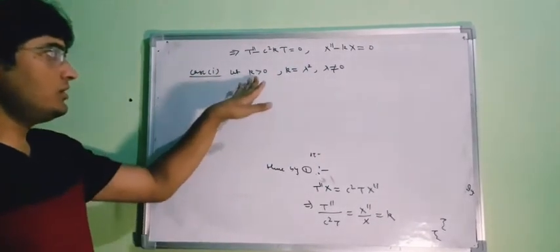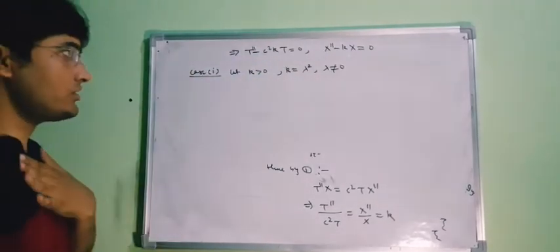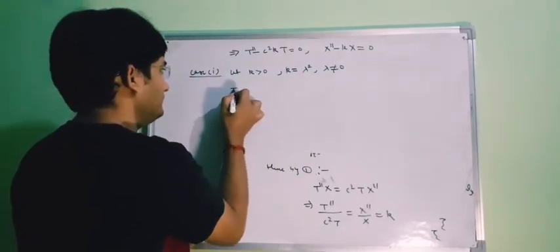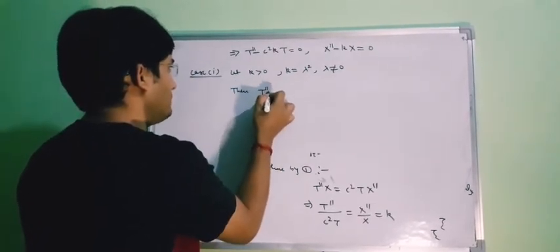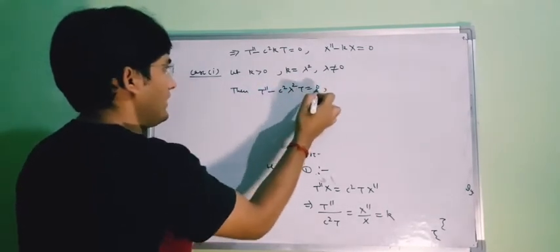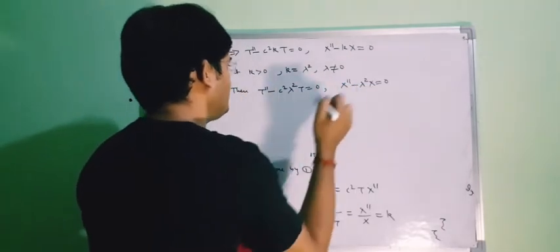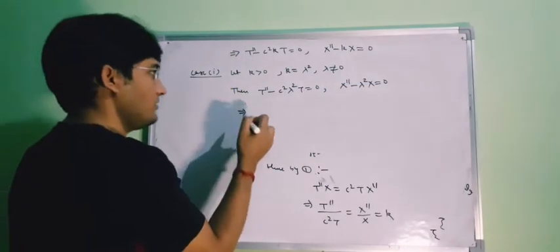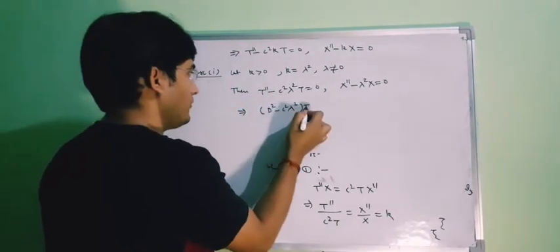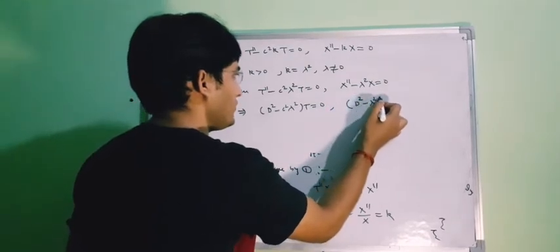Then T double dash minus c² λ² T equal to 0 and X double dash minus λ² X equal to 0. So you can write it as (D² minus c² λ²) T equal to 0, and (D² minus λ²) X equal to 0.